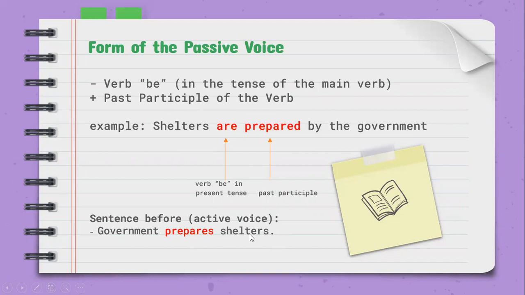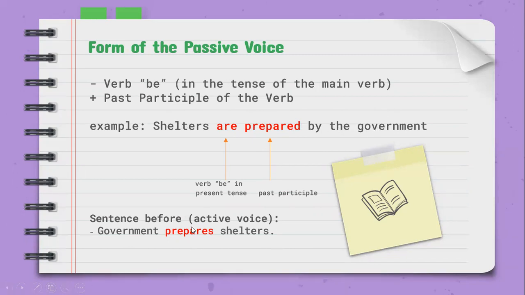I wrote it the other way around. Shelters, which is the direct object, are prepared, are verb to be plus the past participle of the verb prepare, which is prepared by the government, by the subject. This subject did this action. And I could remove by the government and only write shelters are prepared, period. Okay, so the subject here is optional, as we said in the passive voice.